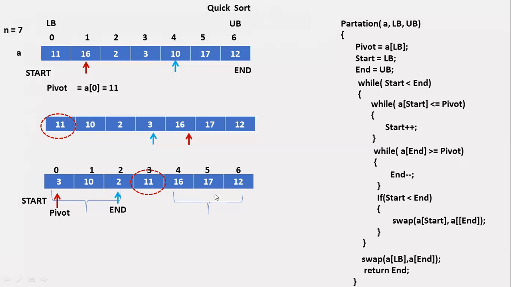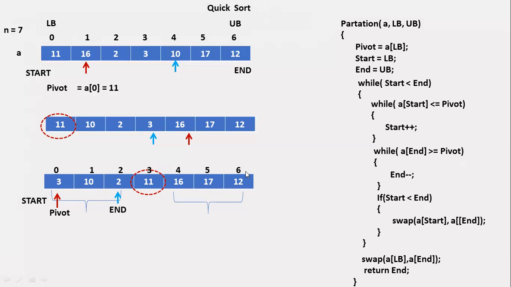So one partition is from lower bound to this particular location minus 1, that is 3 minus 1, 2. And the other partition is location plus 1 to upper bound. So this is the main backbone for the quicksort algorithm.